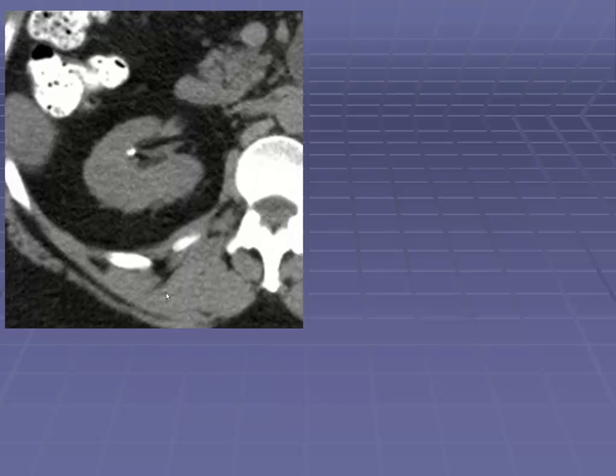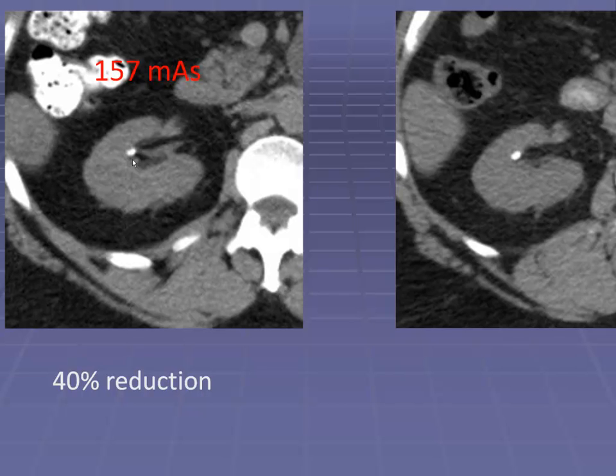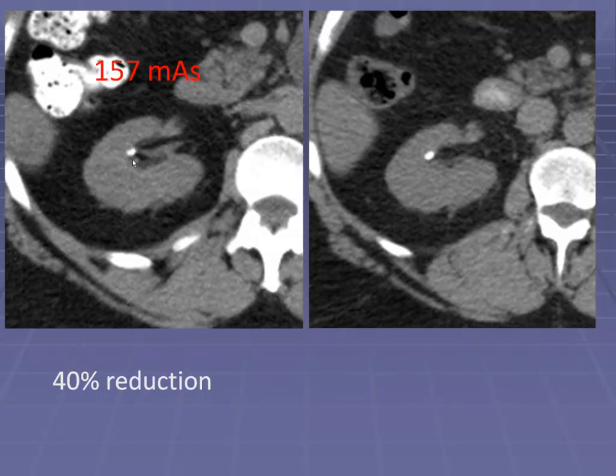Here's a CAT scan of the kidney showing a stone, which is that white area, and that's the kidney in the picture. That was taken with a radiation dose of 157 MAS, the standard 40% reduction that we use on our routine studies. Now the patient came back to follow up the kidney stone later, and knowing that the stone is easily visualized as a bright object in the background of a dark kidney, we can lower the radiation dose.